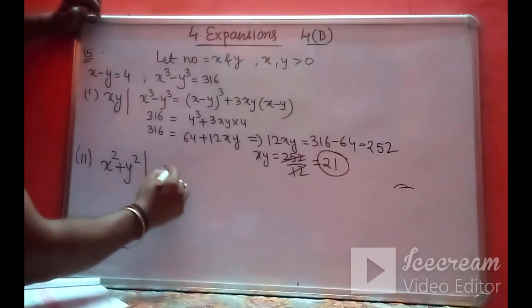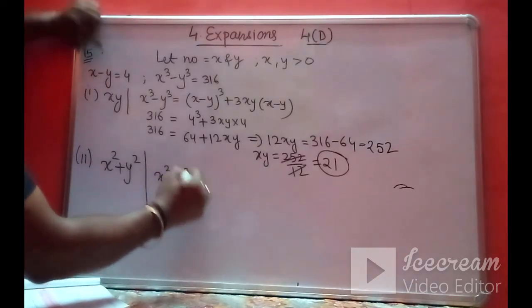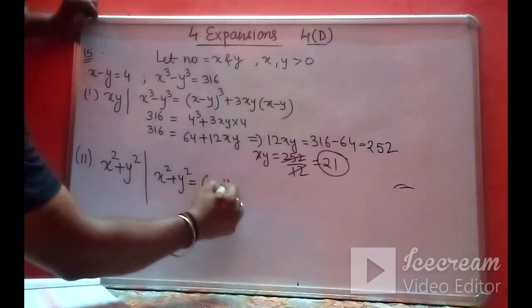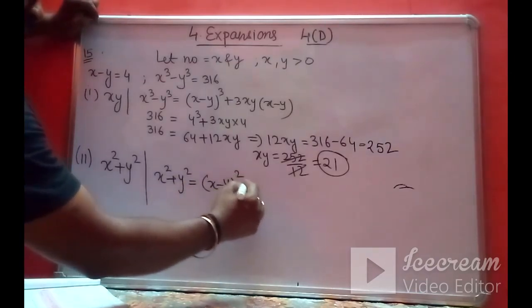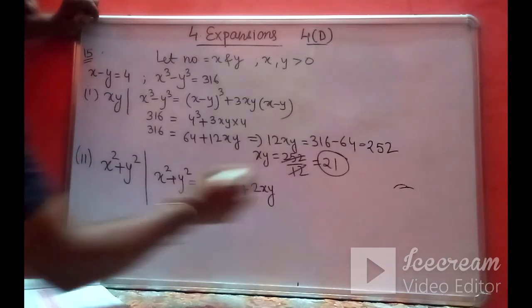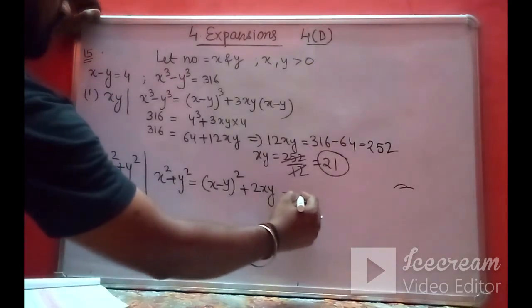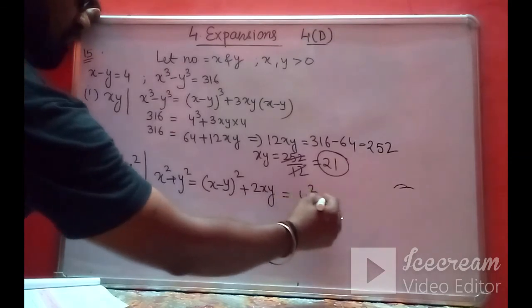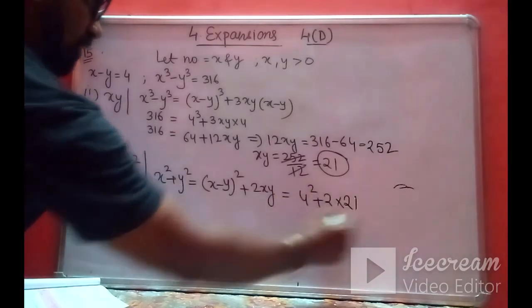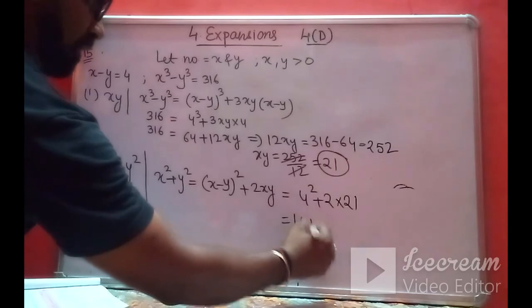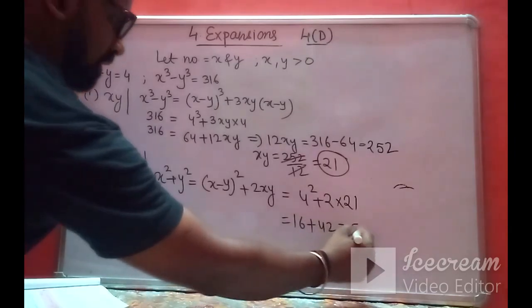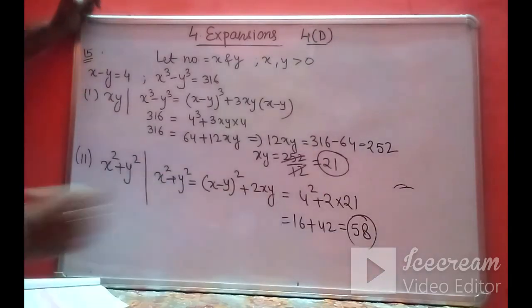So x square plus y square will be, in terms of this, x minus y whole square plus 2xy. So put the values. x minus y is 4, 4 square is 16, plus 2 into 21, that is 42. So 16 plus 42, our answer is 58.